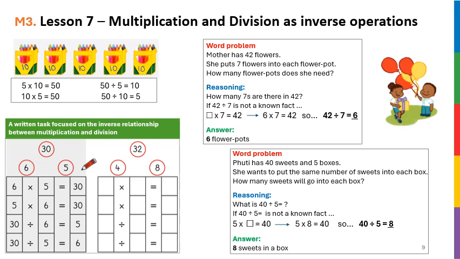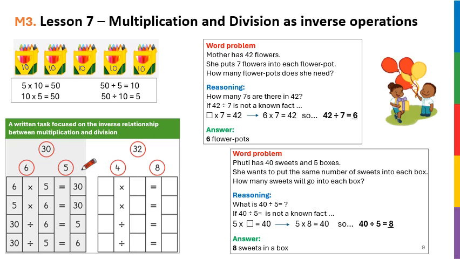Now, to the right of that worked example, we see a learner example. There are also 3 numbers that are circled, given as a number family: 32, 4, and 8.